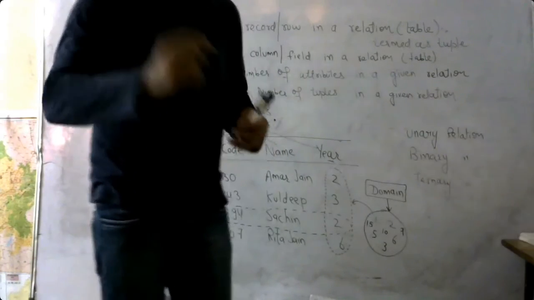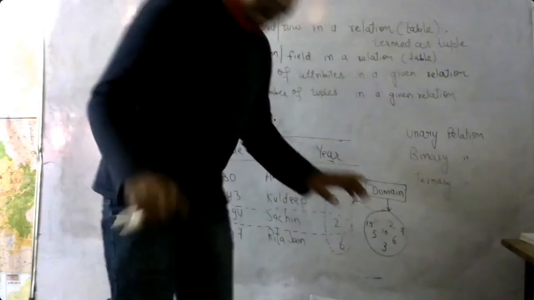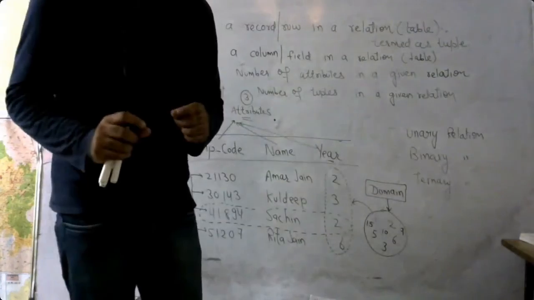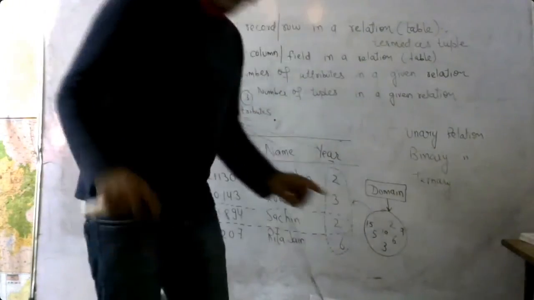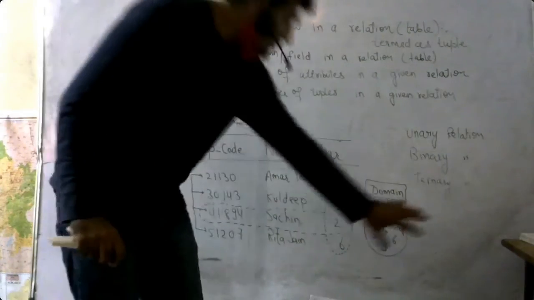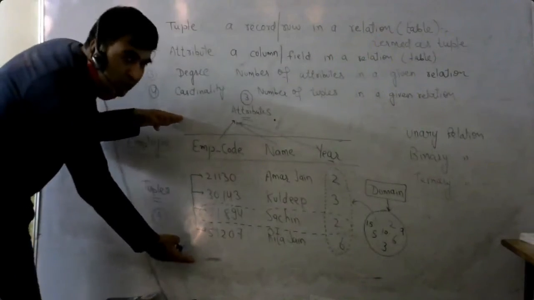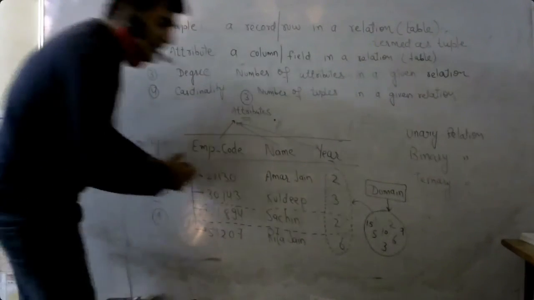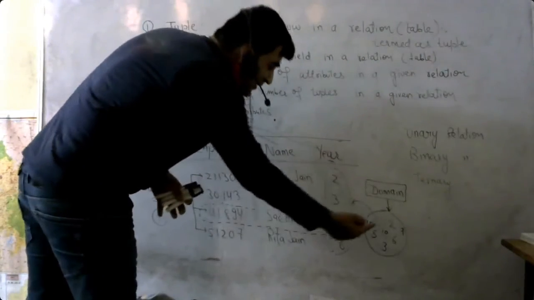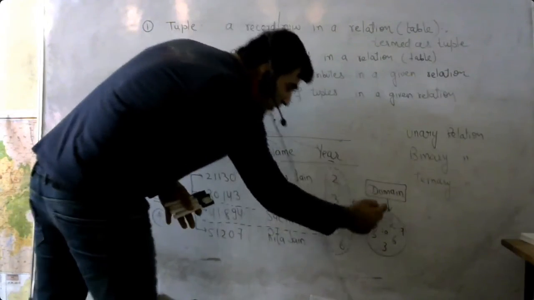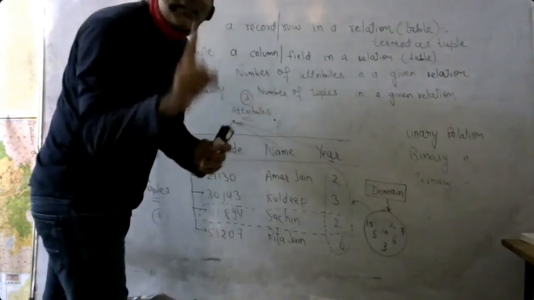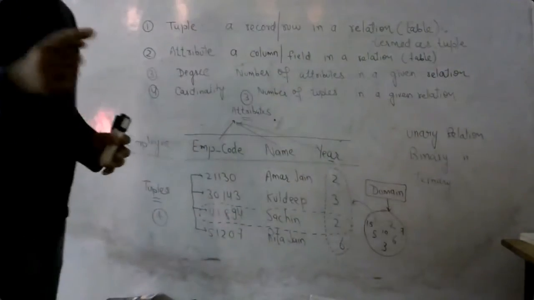Suppose 3 faculty have 5 years experience, there will be a value 5. 10 faculty members have 1 year of experience, there will be a value 1. If we make a table with 10 employees only, with 10 tuples or records, that means there will be values from the domain only, not other than the domain. Any other query?